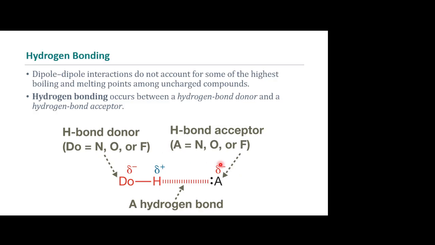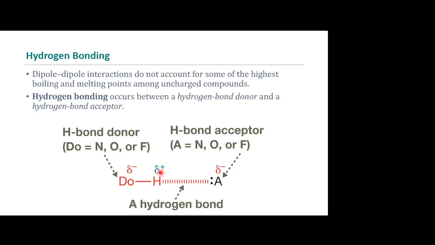So the hydrogen bond donor is actually referring to the hydrogen right here. It's still important to have something very electronegative here because it has to pull almost all the electron density away from your hydrogen. And so you're going to get a partial positive charge on the hydrogen.